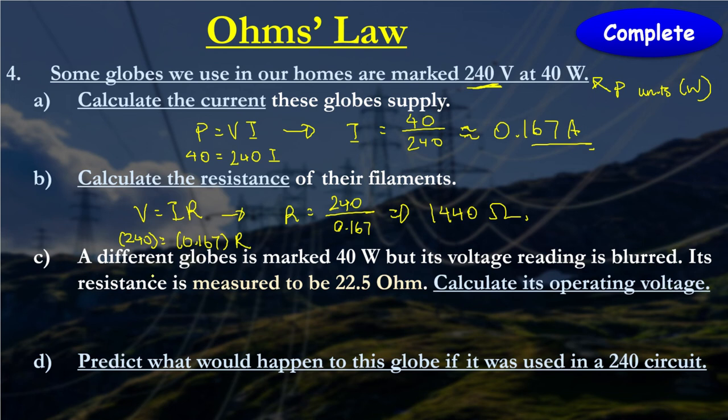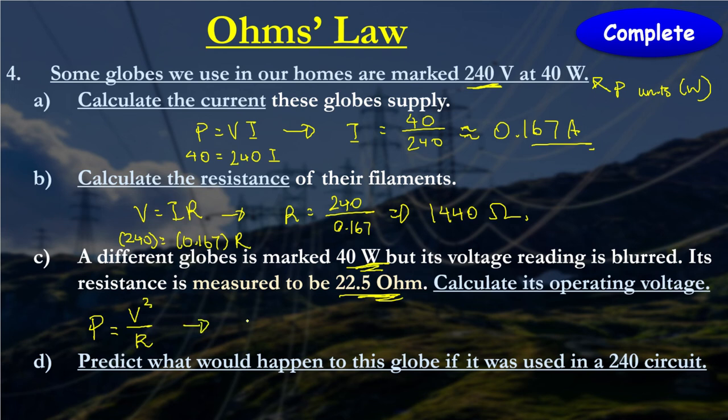Question C, it says a different globe is marked 40 watts, but its voltage reading is blurred. Its resistance is measured to be that. What is the operating voltage in this case? Okay, so I know for a fact that power is equal to voltage squared divided by R, so I can use this equation here.